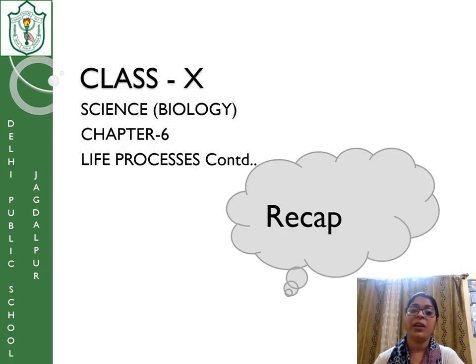Just to recap what we have learned in the previous class, we started with the introduction of the chapter, that is life processes. What is life processes? We discussed that first. The meaning of life processes is the different types of activities that living organisms do.